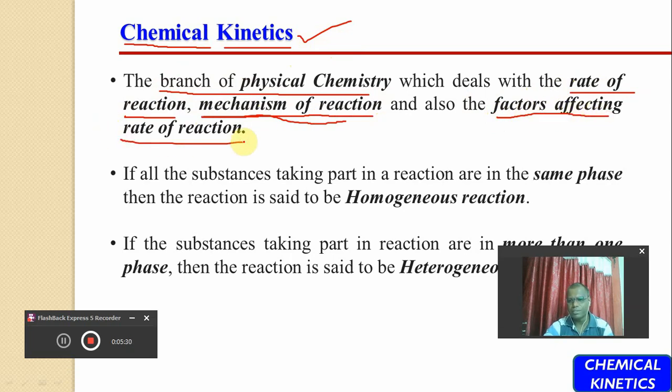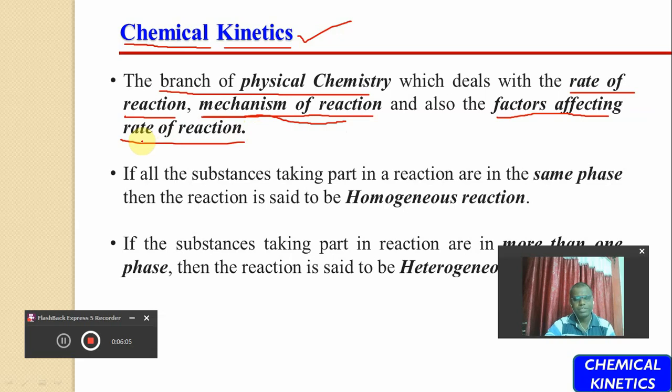So chemical kinetics includes three parts: the rate of reaction, the mechanism or pathway of reaction, and the factors affecting the rate of reaction.